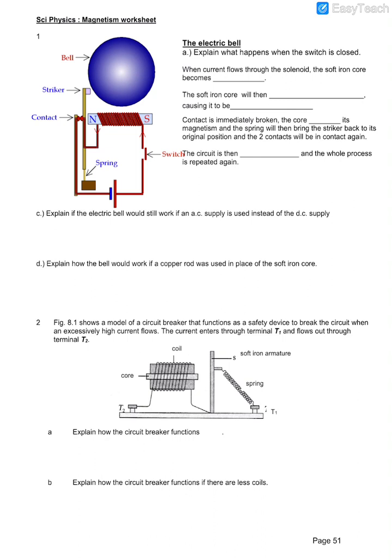Opposite of too weak is too strong. Too strong, right? When a strong enough current, okay, so keyword here will be strong enough. Strong enough current sets up a strong enough magnetic field. And then the magnetic field, strong enough, is able to attract the soft iron armature and break the circuit.